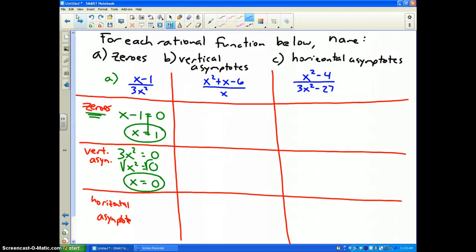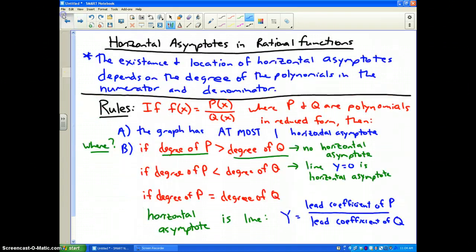I'm going to write this in blue. The degree, and I'm going to abbreviate, the degree of P is the degree of the numerator. Well, the degree, the power of x, is equal to 1. The degree of Q is equal to the power of x, the highest power in the denominator. That's 2. All right, so now let's go back a slide.